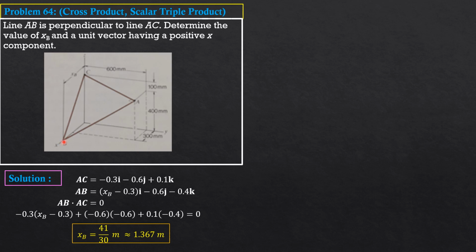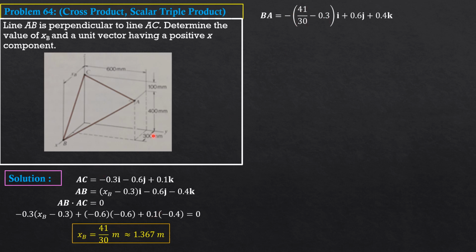For the unit normal vector having a positive x component, so that's point B. We obtain the cross product of BA with BC, define it first, then it is a vector perpendicular to the plane of BA and BC. Then the unit vector is obtained by dividing that by the magnitude of the resulting vector. So BA is going backward, negative of XB minus 0.3, so negative of 41 over 30 minus 0.3.